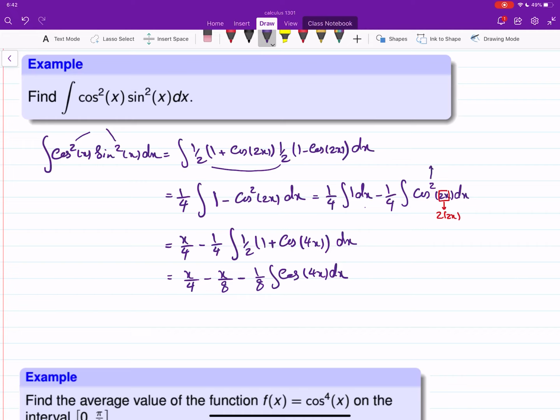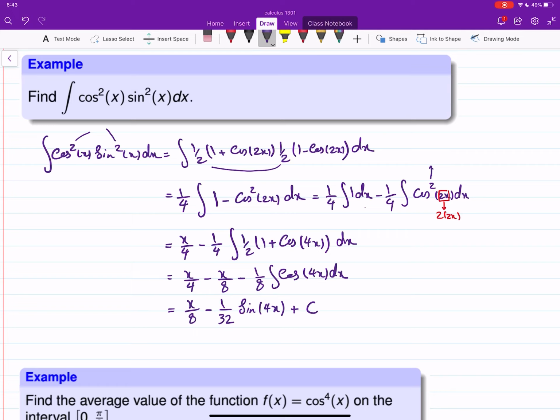So that's another time using what we had before, cosine of x over 4 minus x over 8 gives me x over 8 minus cosine of 4x dx gives me 1 over 4 sine of 4x. There is an 8 there, so it will be 1 over 32 sine of 4x plus c.